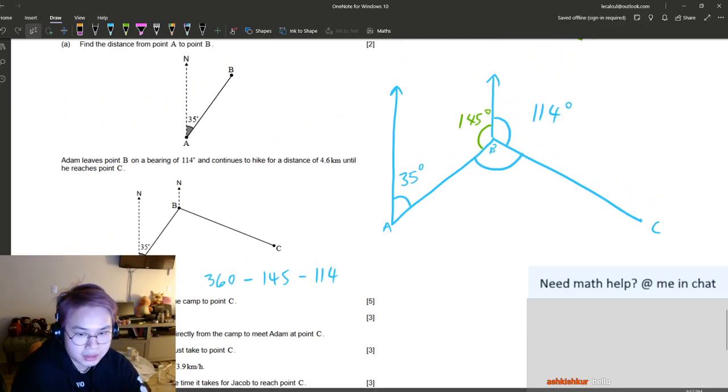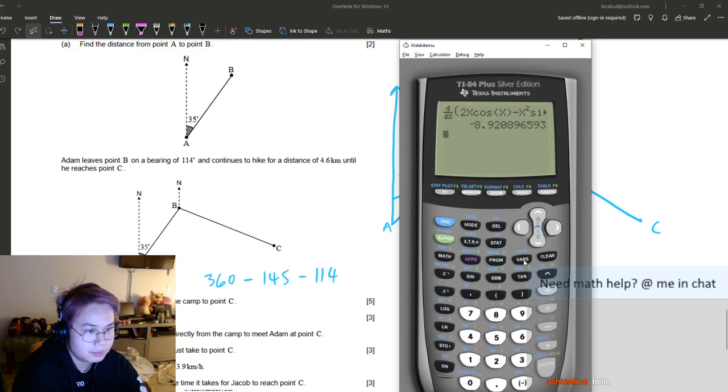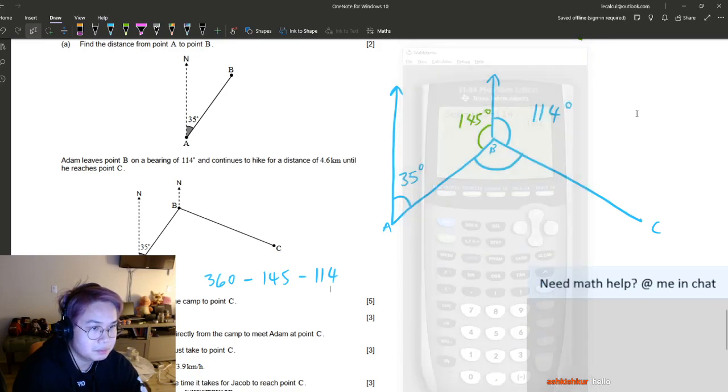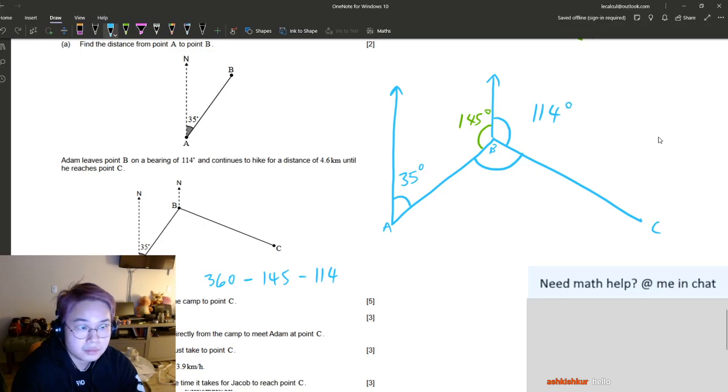But we can always just double check with a calculator. See? So now I know this is 101.